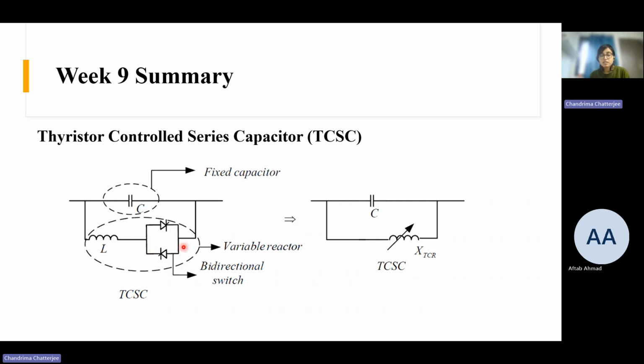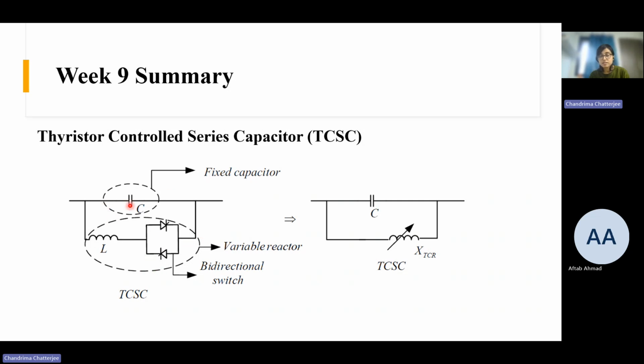This configuration we have already seen for TCR, thyristor controlled reactor, where there is an inductor along with the thyristor configuration. So this is obviously a variable reactor. If you control the firing angle, you can obtain a variable reactor over here.